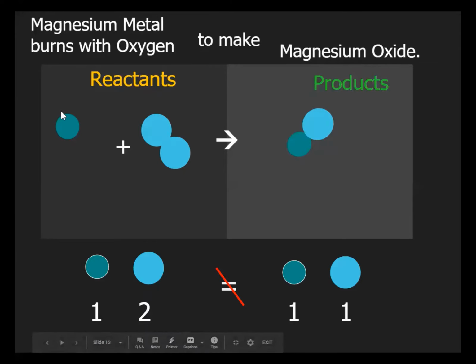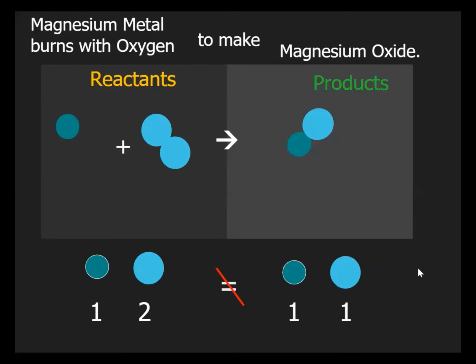And that means we have 3 total atoms on this side and only 2 total atoms on that side. And that means that they're not balanced. Like, where did this oxygen go? Did it just disappear? And I'm just going to tell you that that's not possible. If you don't have the same number of atoms on the reactant side as on the product side, something went wrong.